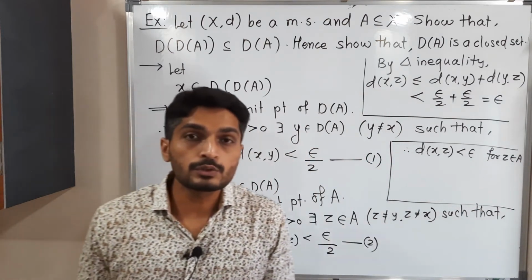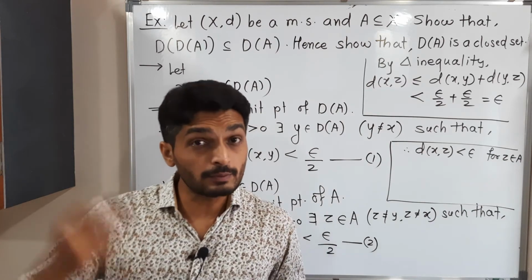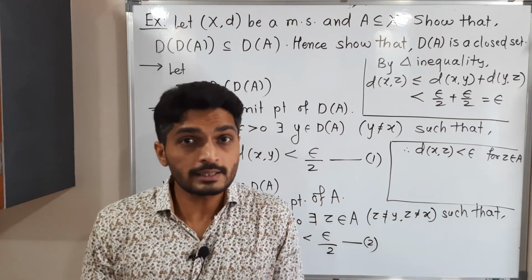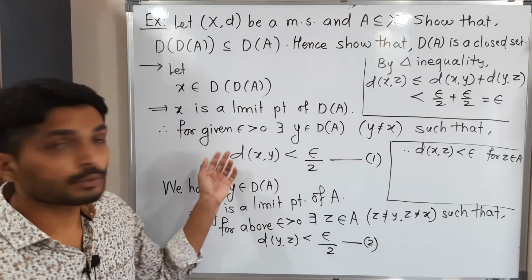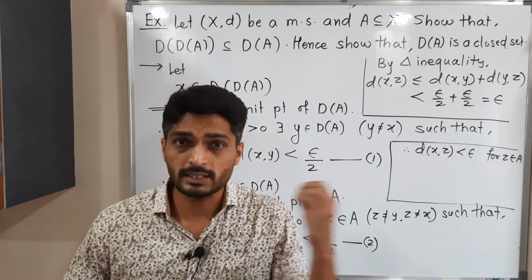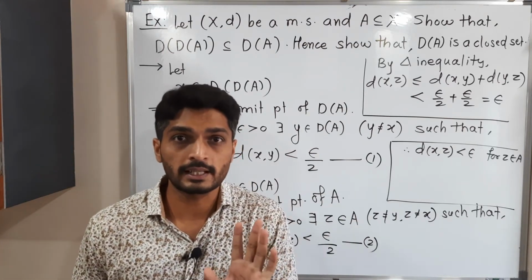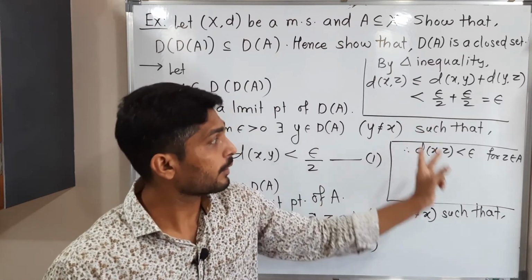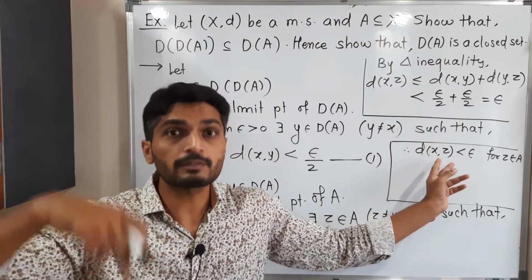See, I am going to use the definition of limit point in a reverse way. Because it is a limit point, we could write for given epsilon greater than 0, there is some point such that d of x, y is less than epsilon. But this time we have this one and I am using the definition in reverse.